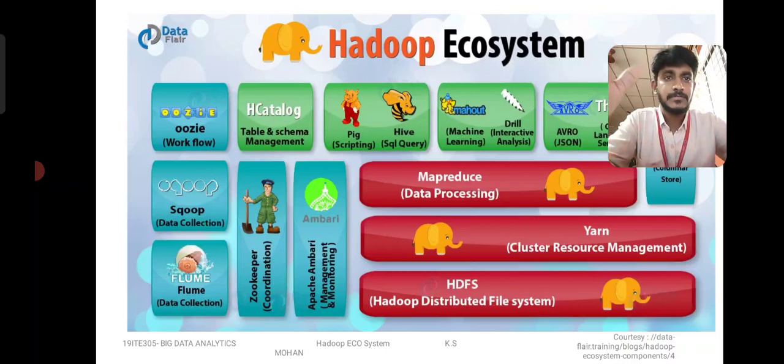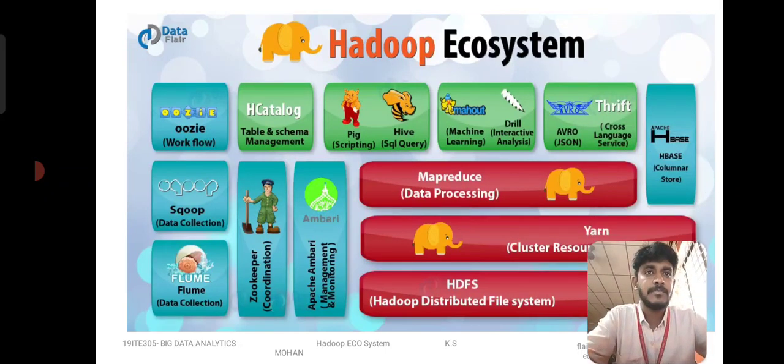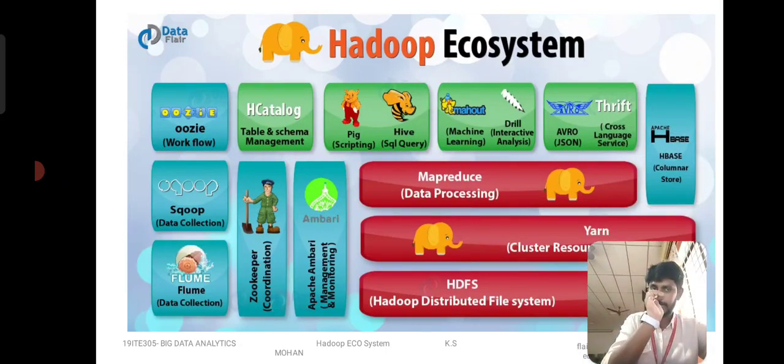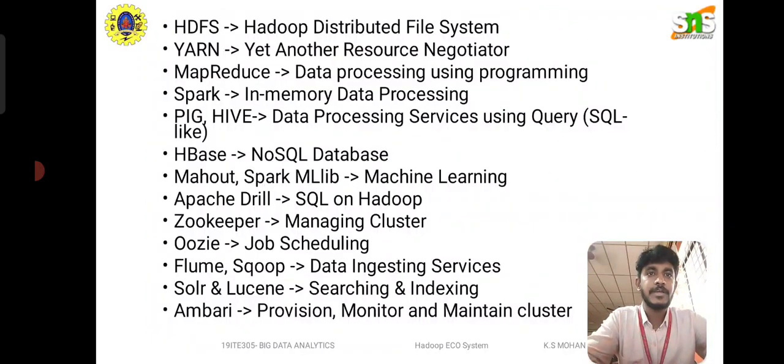These are the terms used in the Hadoop ecosystem: Hadoop distributed file system, Yet Another Resource Negotiator, MapReduce, Spark, Pig and Hive, HBase, Mahout, Apache Drill, then ZooKeeper for managing the cluster.